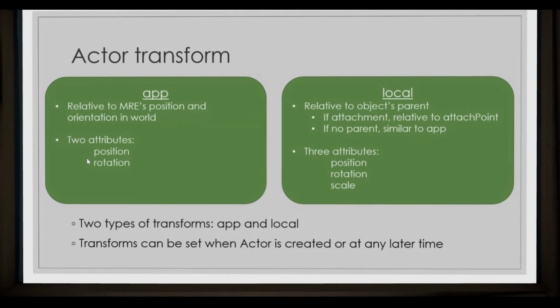I don't know how many of you have tried something like this, but if you bring in an object with an MRE that's not an attachment, and then grab the MRE and move it, all the objects you created move with it. And if you rotate it, they rotate around that MRE point. That's what's happening there. When it's not attached or parented to something, it's moving relative to that location.